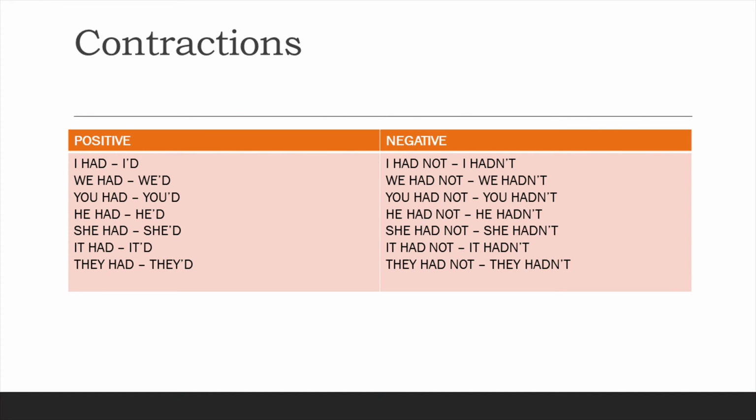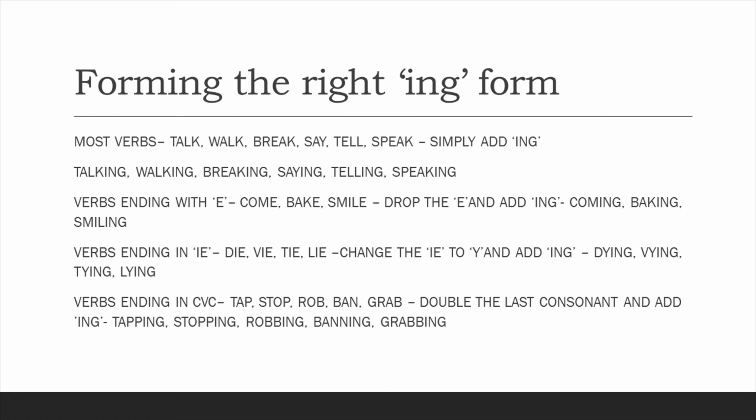Okay, now when you say we had watched with a D, we had watched that film. Okay, so after we had, you get the past participle, whereas we would is followed by an infinitive form of the verb. Is that clear? Okay, I hope so.